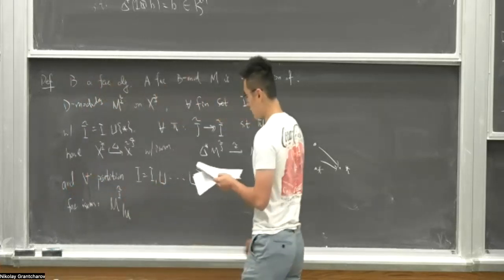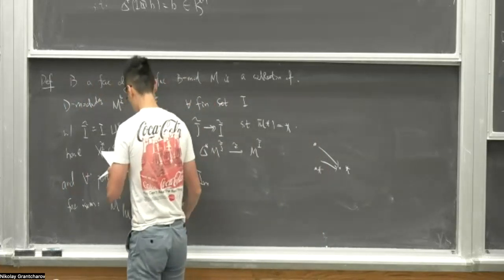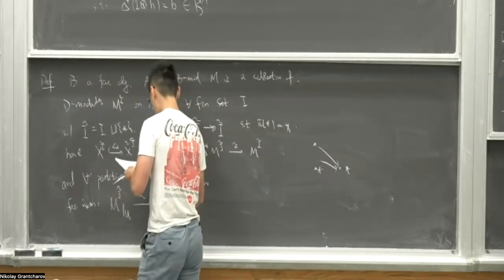The M of 2 I over U is going to be isomorphic to the box tensors.